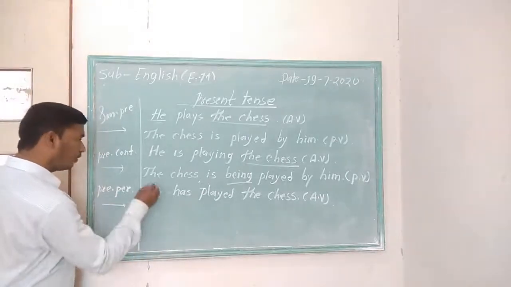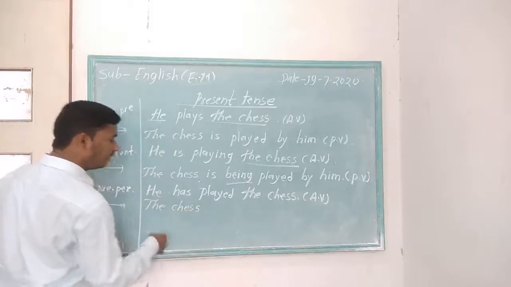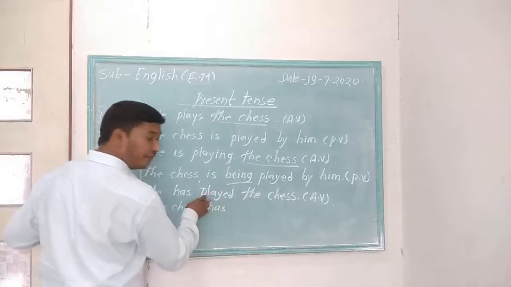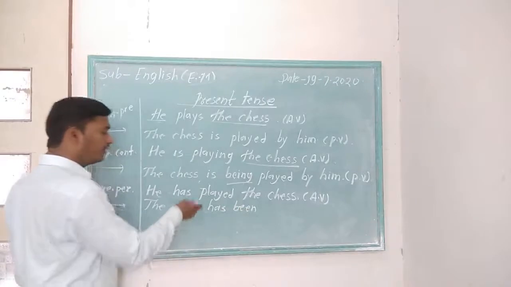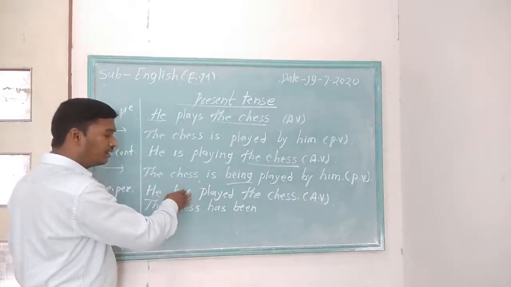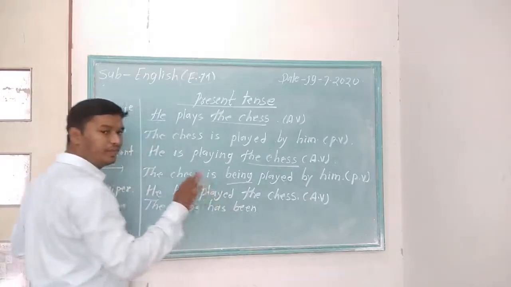Same rules. First take the object, the chess. Then the proper auxiliary of present perfect, has. It is perfect tense, so take "been" after the auxiliary verb. Been indicates perfect tense.